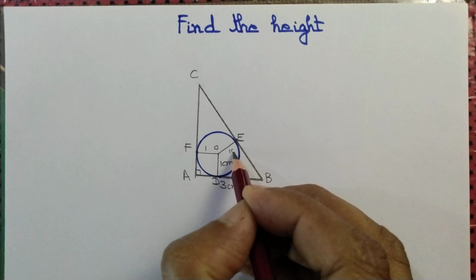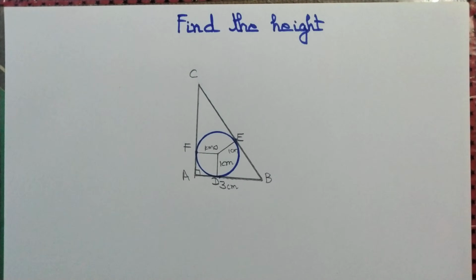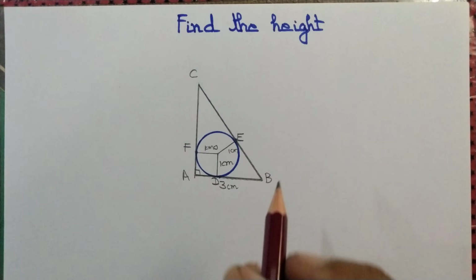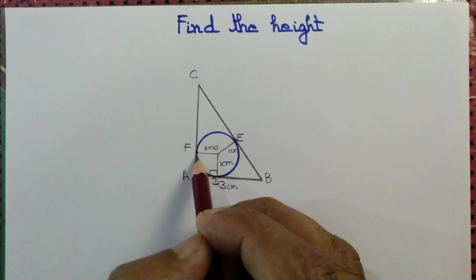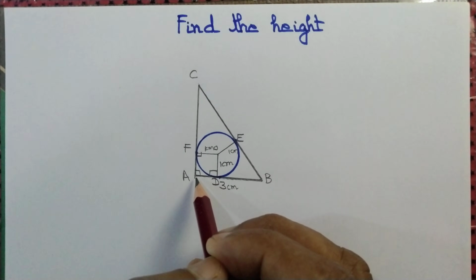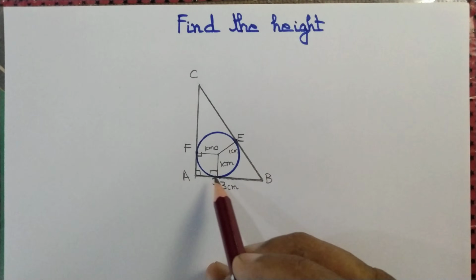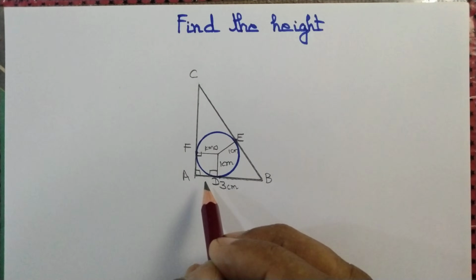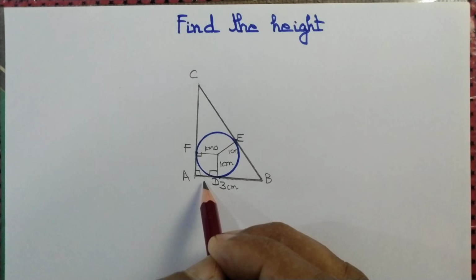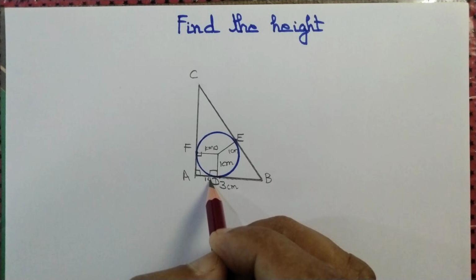Nothing great about it, right? However, this angle measures 90 degrees, so does this angle. Of course, angle A equals 90 degrees. It is a right angle triangle. So ADOF is a square, and thus AD must measure 1 centimeter.